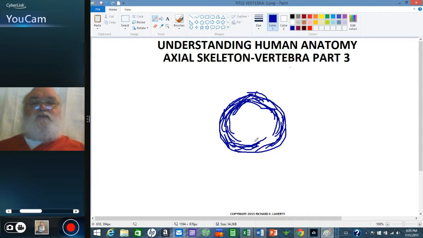Now, this is a very specialized type of tissue we find in the intervertebral disc. This type of tissue is called fibrocartilage.